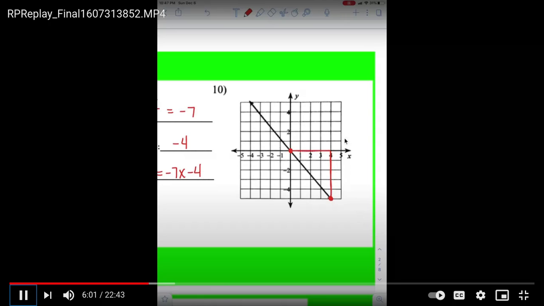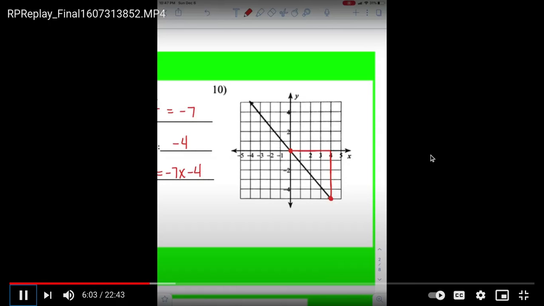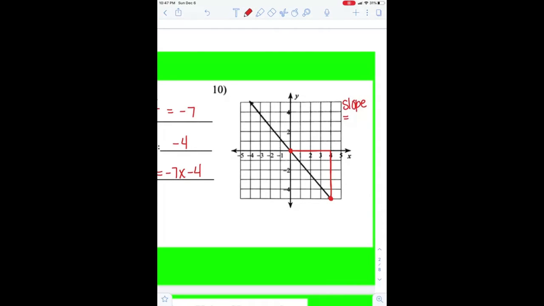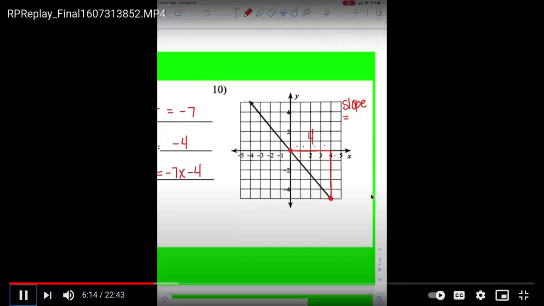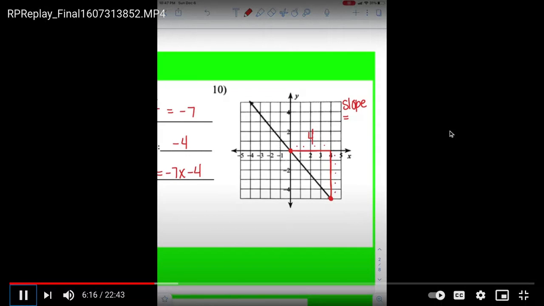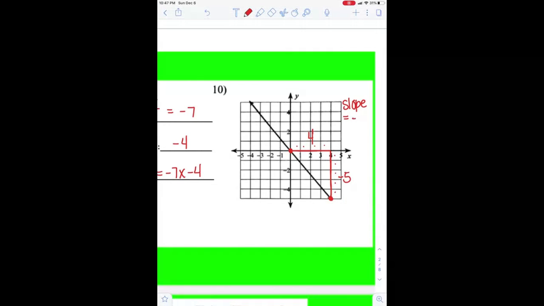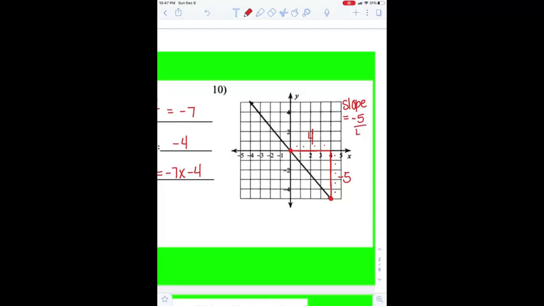So we notice our change in x is 4. And my change in y is -5. So I'm going to have -5 over 4.